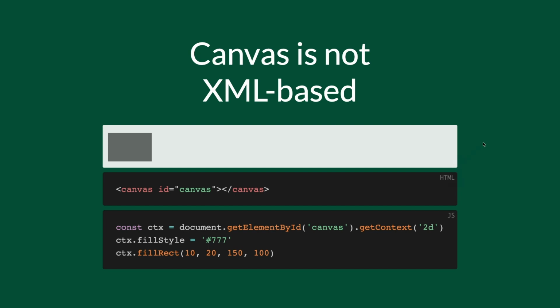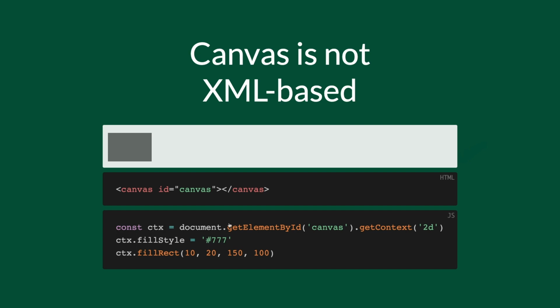Now, unfortunately, Canvas and WebGL are not XML-based. You can't just drop elements in the page and be able to use these technologies. Instead, for Canvas we'll drop in one element, which is the Canvas element, and then the rest is in JavaScript.